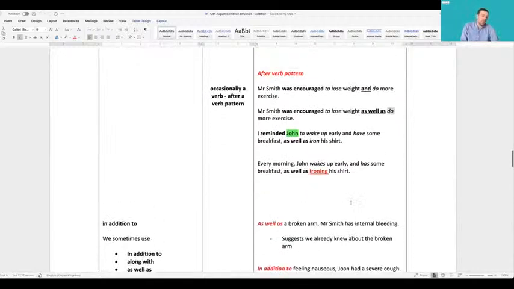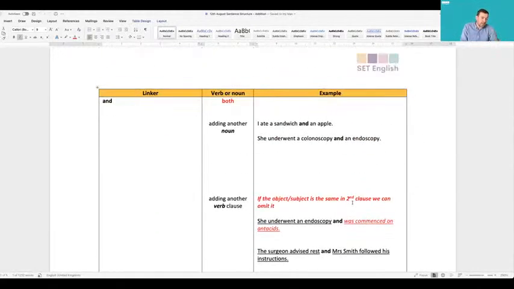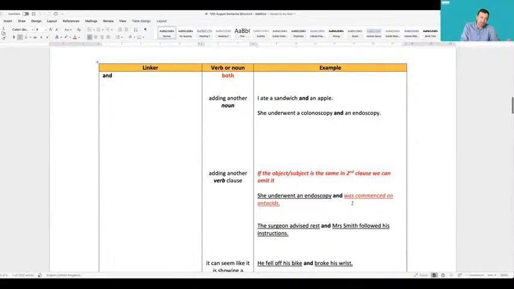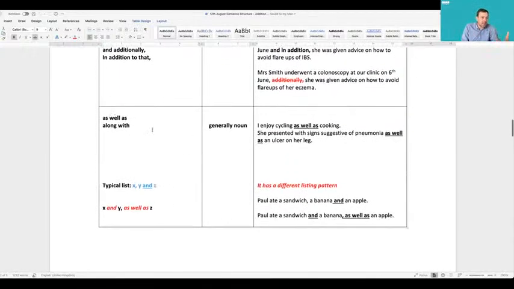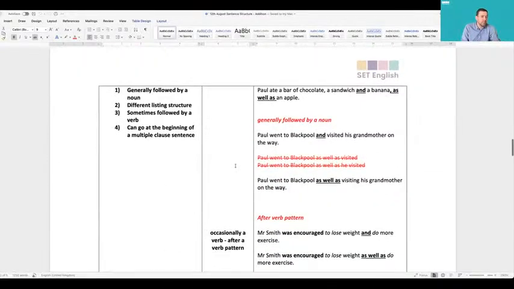So we've got normal and, okay, and can add nouns, and can add new verb clauses. We've got some really nice phrases which are basically very, very similar to and, which add verb clauses, in addition and in addition, etc. These ones. We don't use also. And then we've got as well as, along with, in addition to.